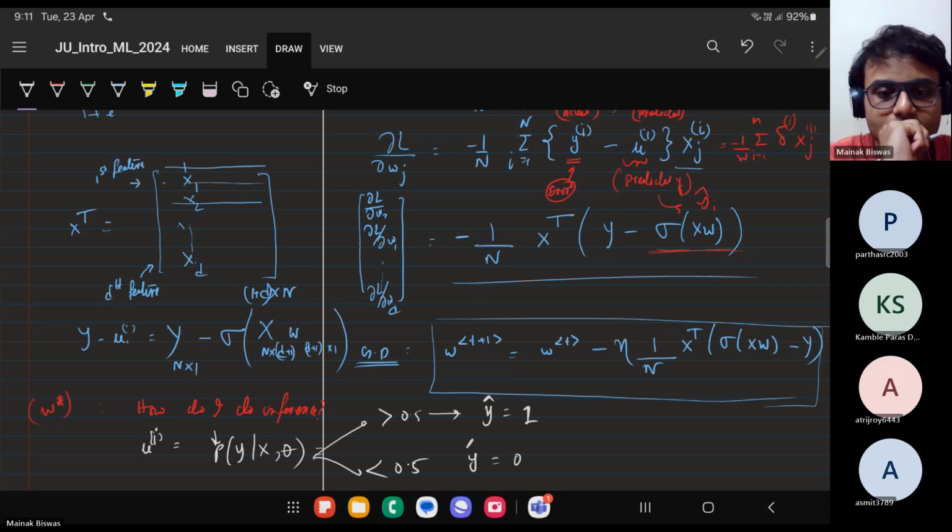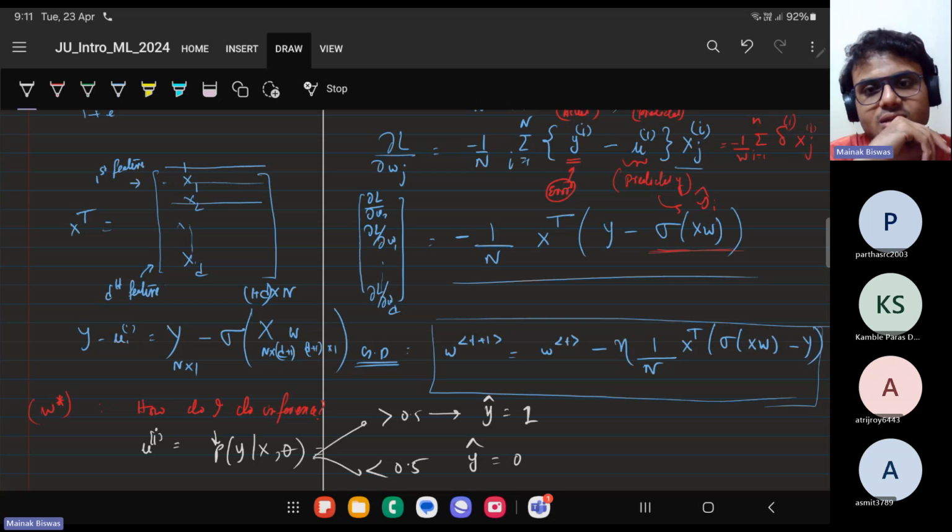If the predicted value is greater than 0.5, I say that it is more likely to be class 1. If it is less than 0.5, I say it is more likely to be class 0, right?